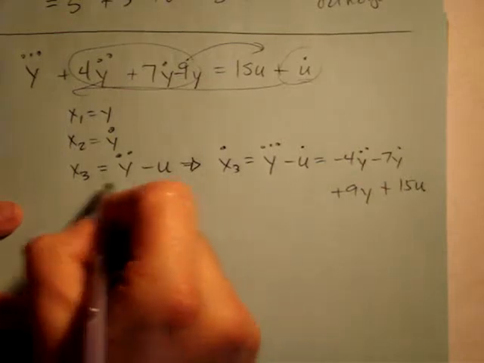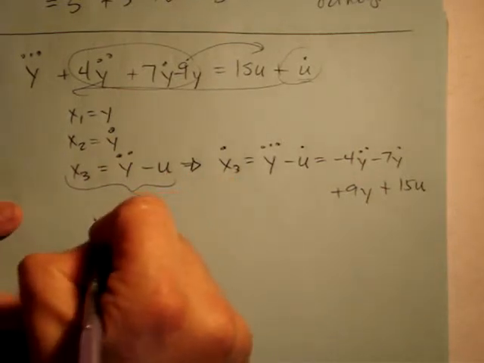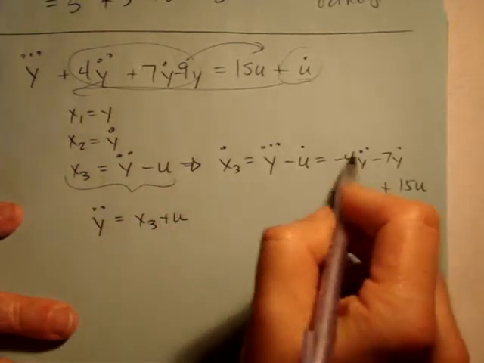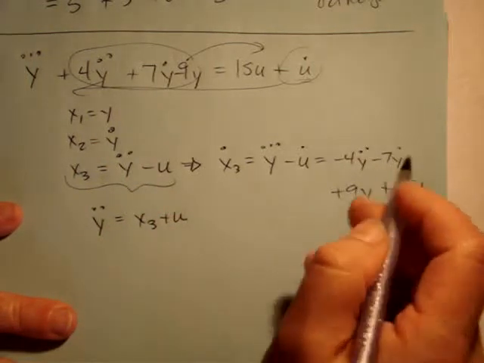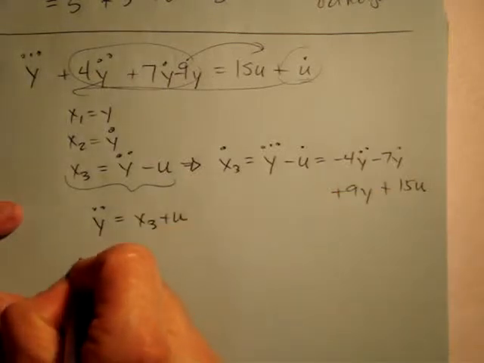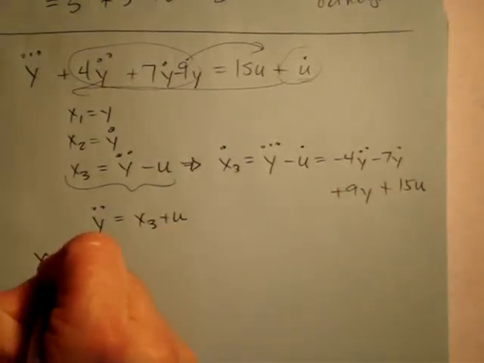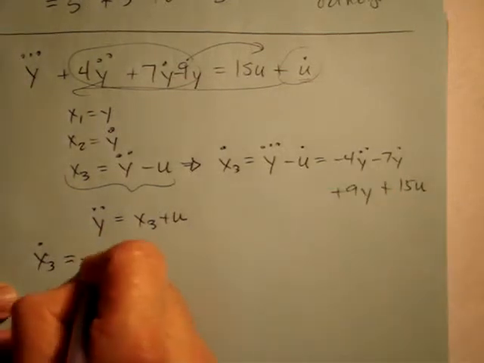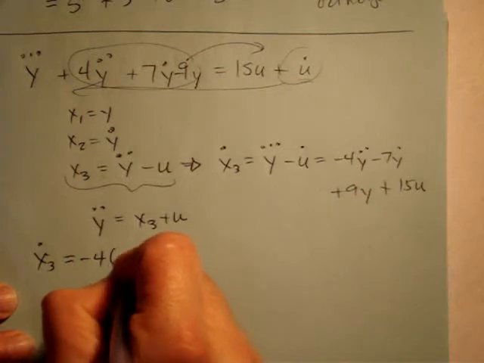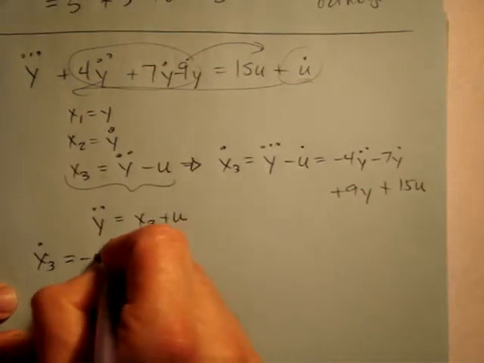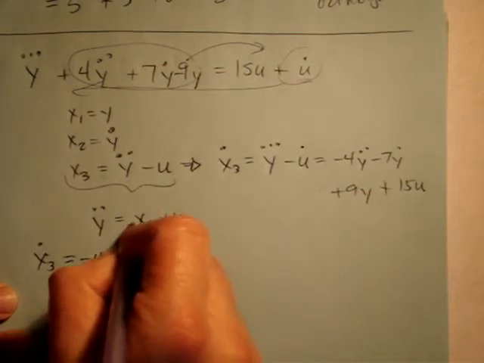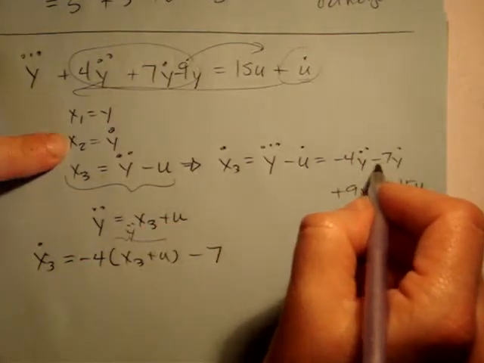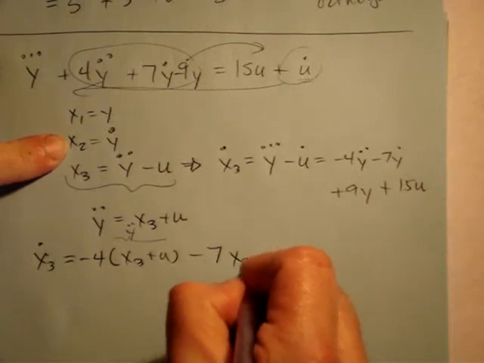We can use our defining equation here, solve it for y double dot. We get x3 plus u. Now it can be substituted in over here. So let's do a little more rewriting. x3 dot is negative 4 y double dot, and y double dot is x3 plus u. Then minus 7 y dot, and y dot is x2.